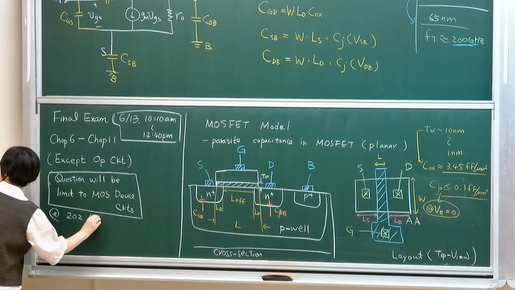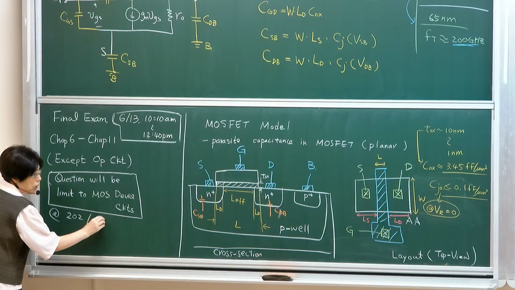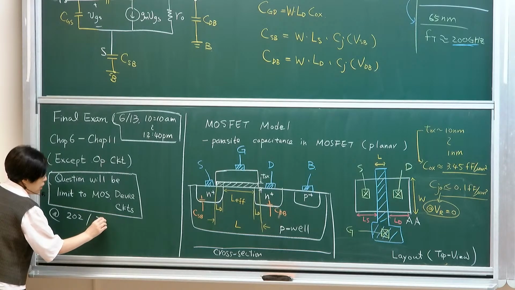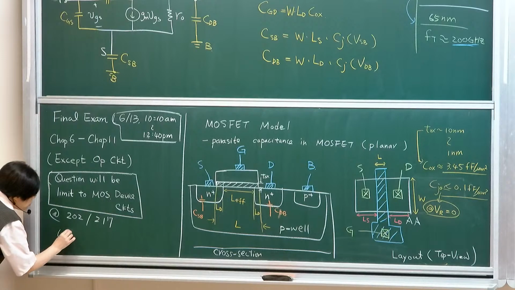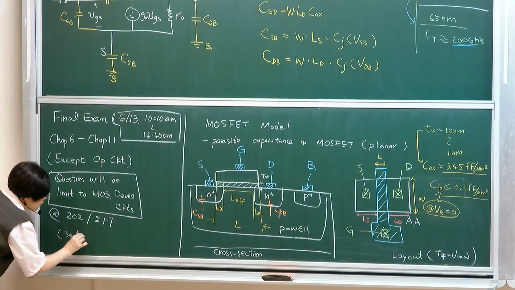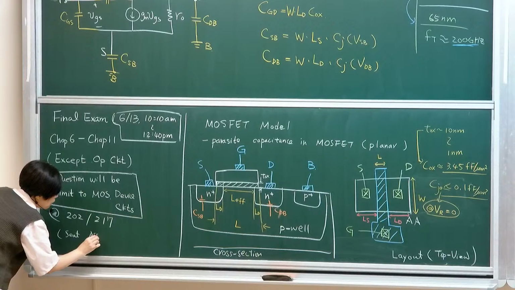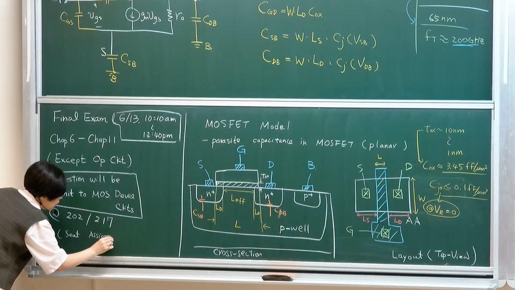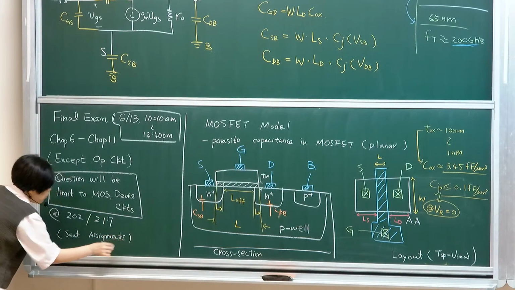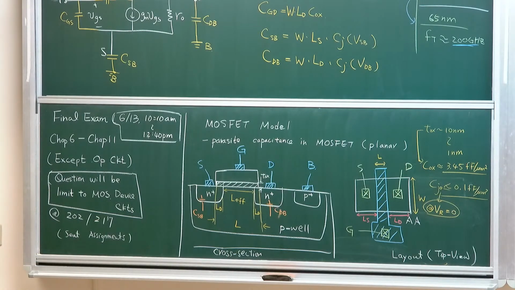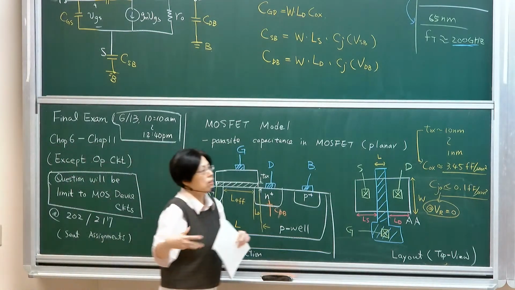What is the number for this room? 217? There are 2 rooms, so come in for your assigned seats. We'll post these assignments beforehand, so just make sure that you come in earlier to get the right place. Okay? Questions? No? We're not going to start early, just to let you get prepared.